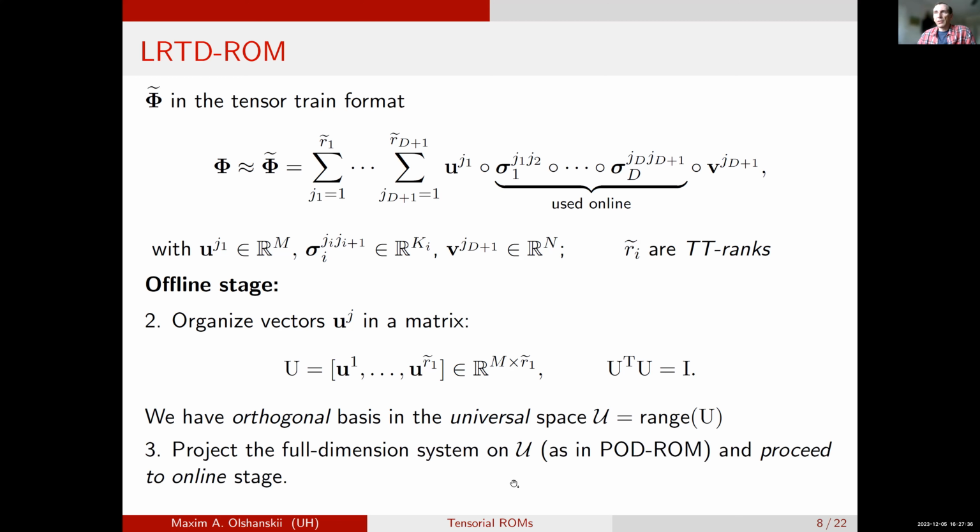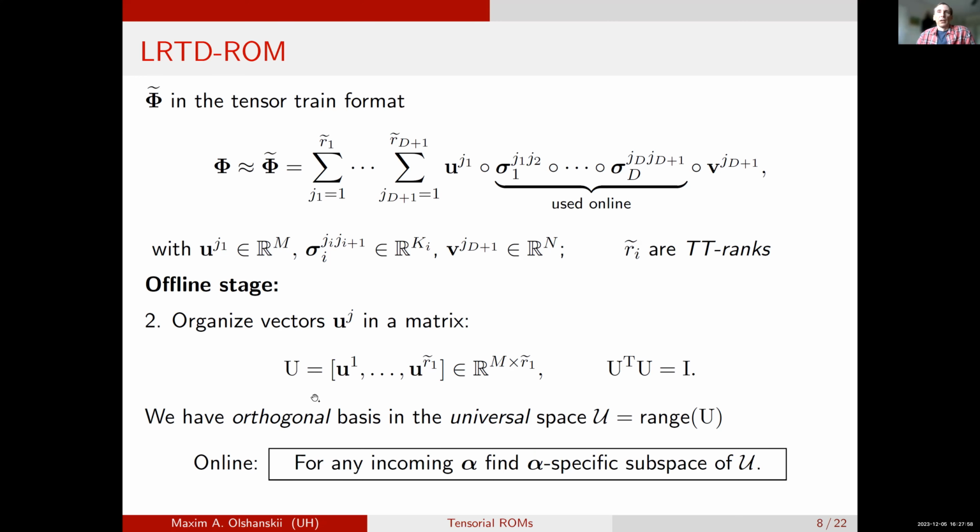So before proceeding to the online stage, we project the full order system on this universal space. This is the first stage of the model reduction. We project our system on this universal space and we pass this information online. Now, the scope of the online stage is, for any incoming alpha, to find an alpha specific subspace of this universal space.